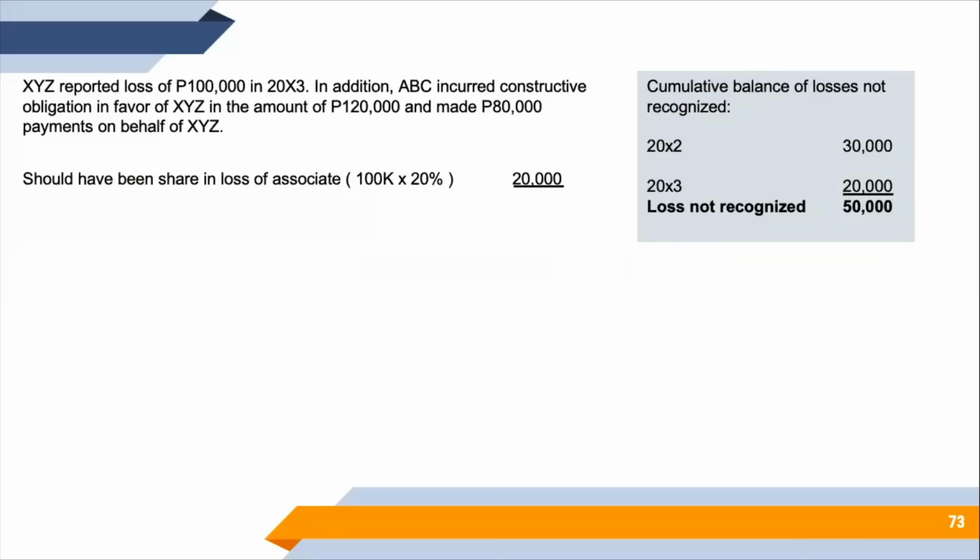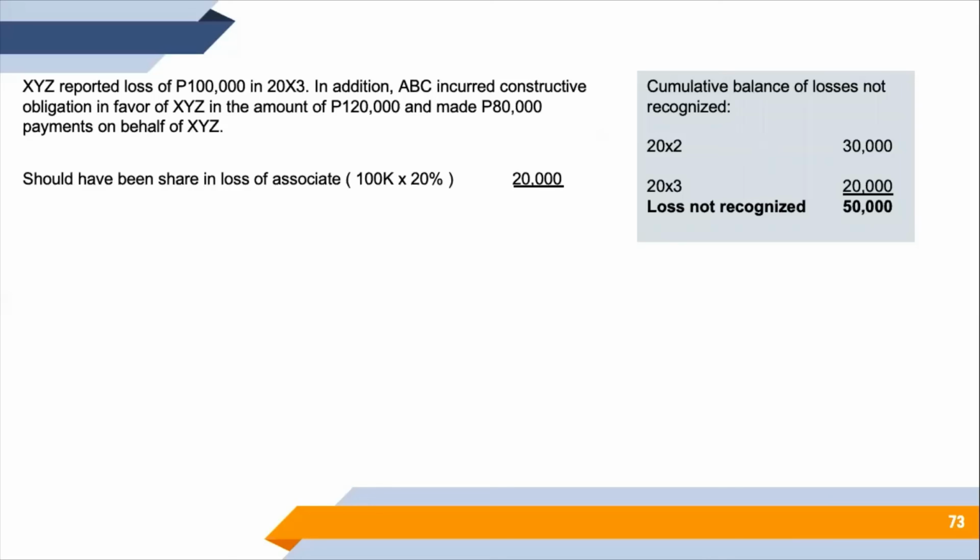And since yung interest in the associate natin is zero na, ngayon si investor will not recognize any share in the 100,000 loss. So yung 20,000 na share in loss will be disclosed as loss not recognized.